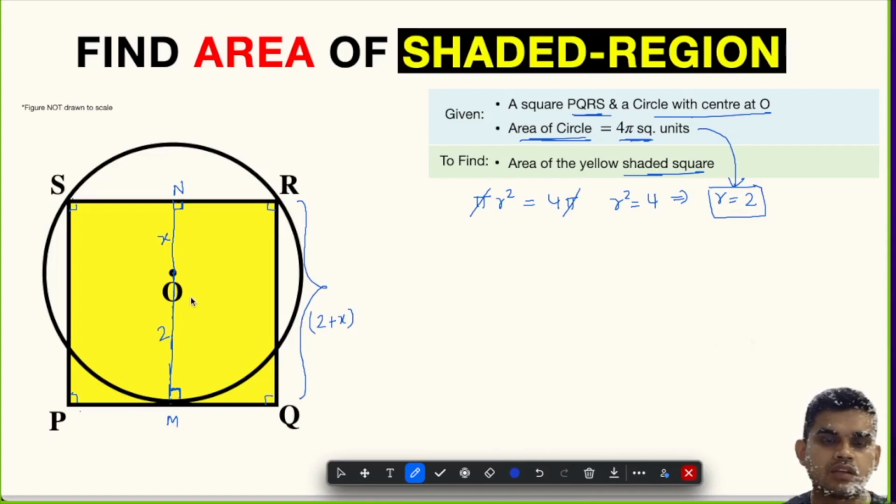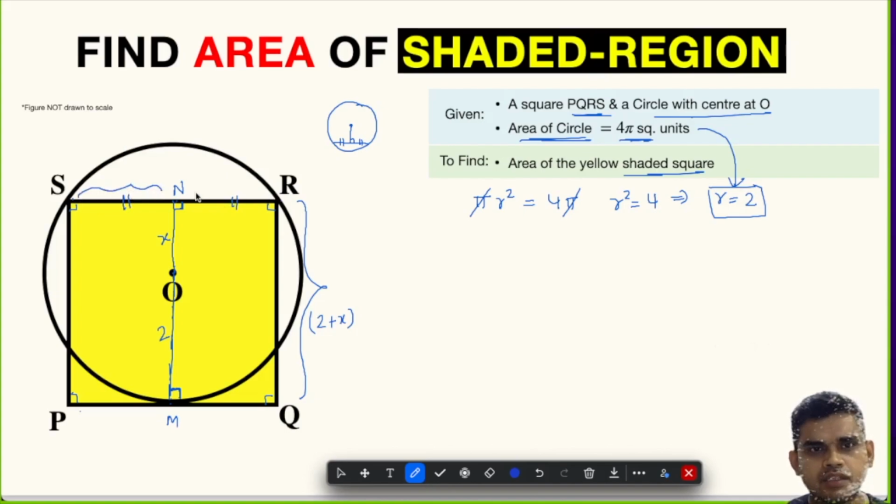Another theorem that we recall now is, if we have a circle, this is the center and this is any chord, and we draw a perpendicular on it, then this divides the chord into 2 equal parts. That means this ON is the perpendicular bisector of SR, so this length is equal to this length.